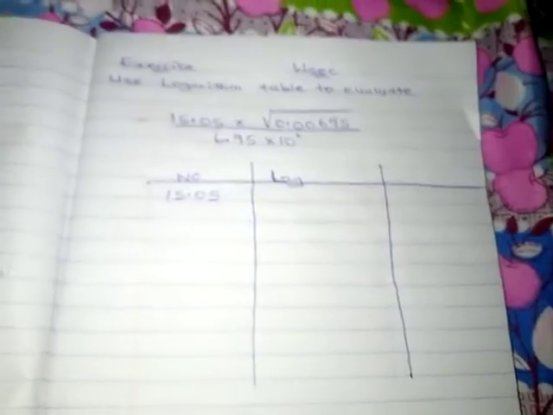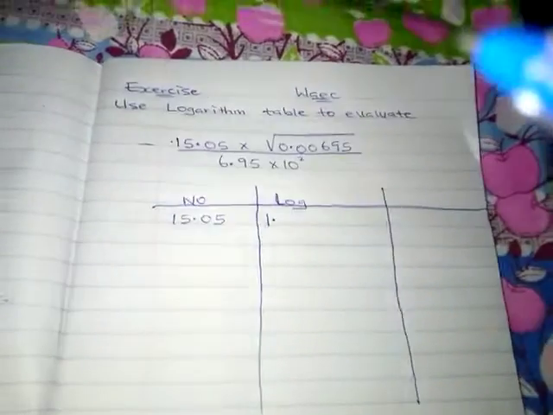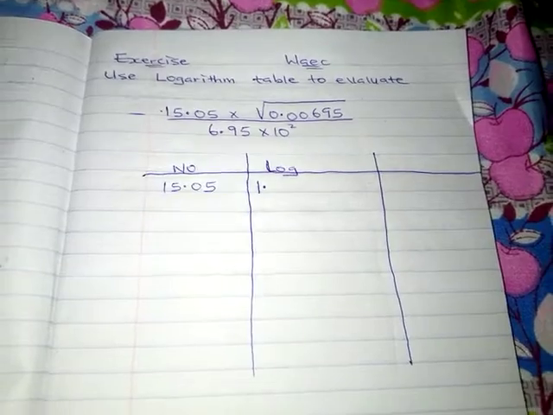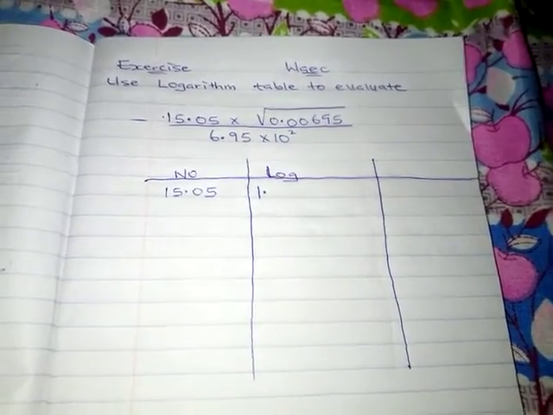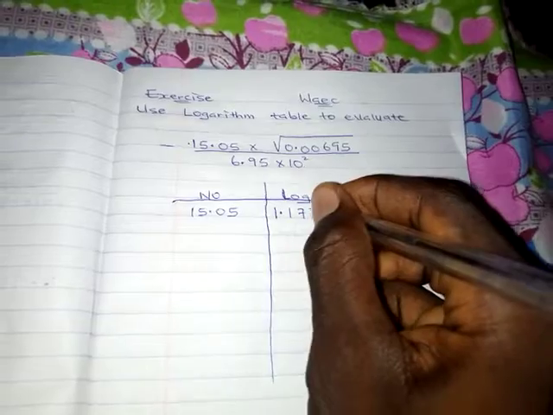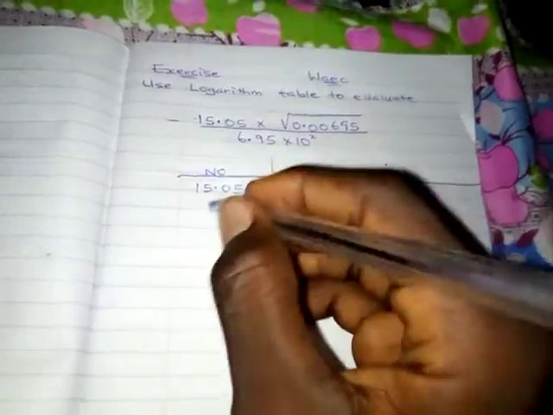That 1 at the power is what you bring at 1 point. And we check from our 4-figure table, 15 under 0 difference 5, and that gives us 1775.